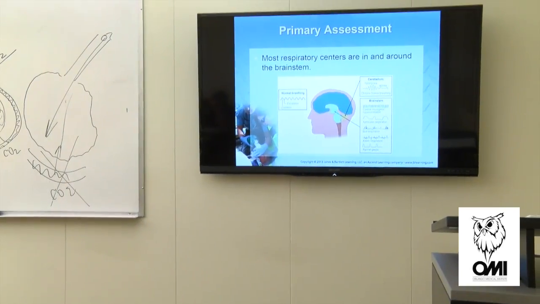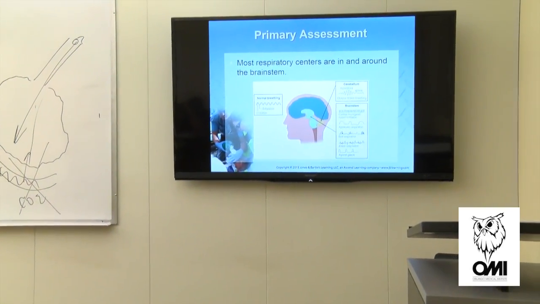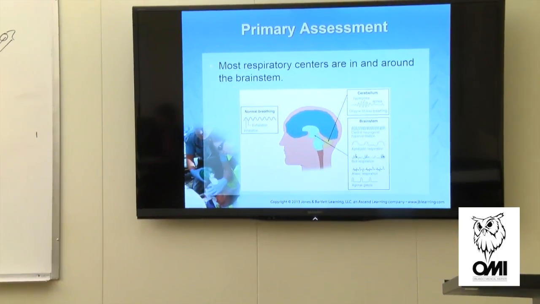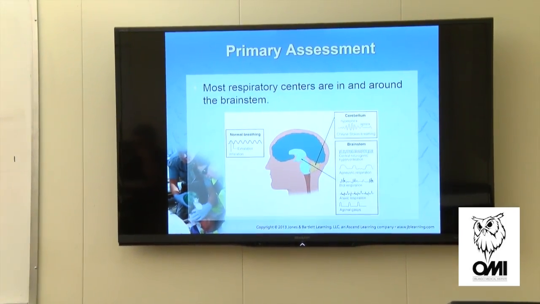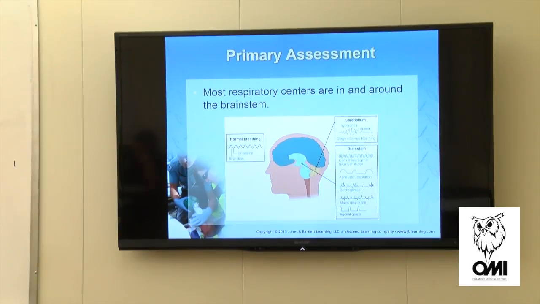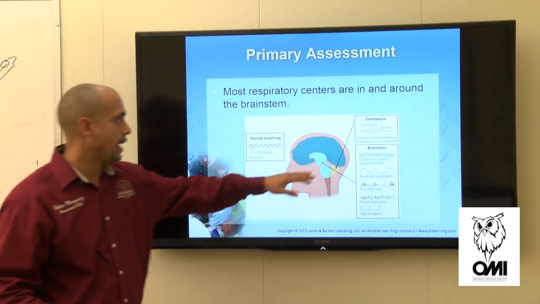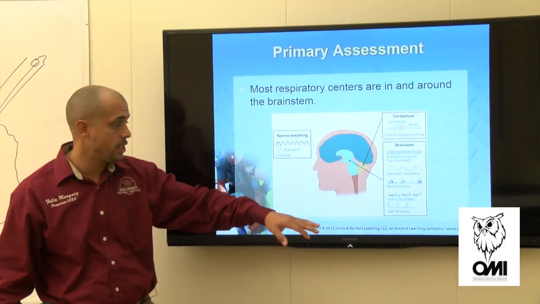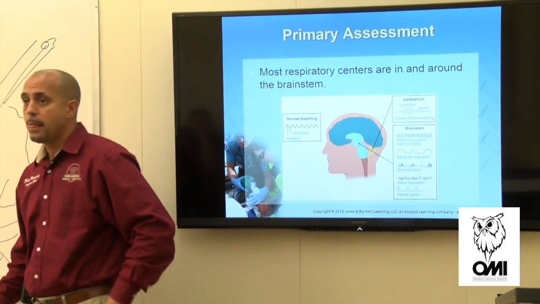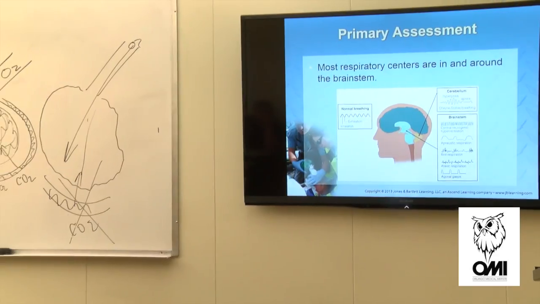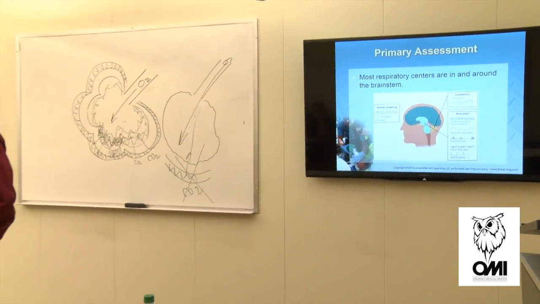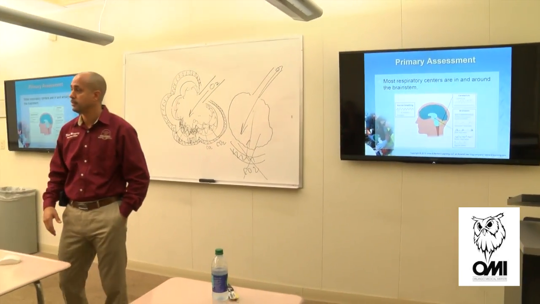All right, so you can see the different breathing patterns and the location. We've got to be able to pick up on these breathing patterns so we know exactly what the issue is. If I had a patient with Cheyne-Stokes breathing, I know that might be early on with a head injury, versus now I see Biot's breathing. I know that's what? Later on. So I know this is a late stage. This guy's been herniating for a little bit, okay?